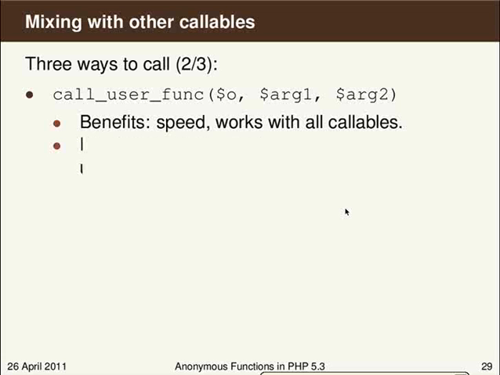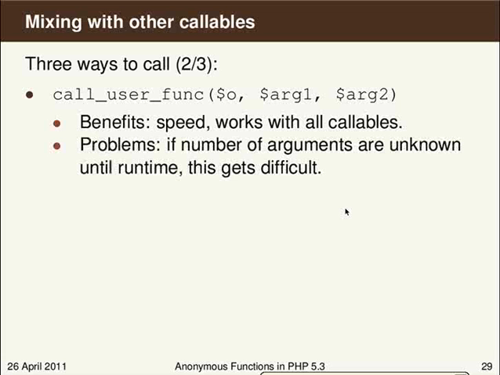The problem is, and there's always a problem, what if we don't know the number of arguments until runtime? Things get a little difficult at that point, because now you have to have complex switch statements, that sort of thing, in order to try and figure out how many arguments there were and to build up your call_user_func declaration. It's not easy.